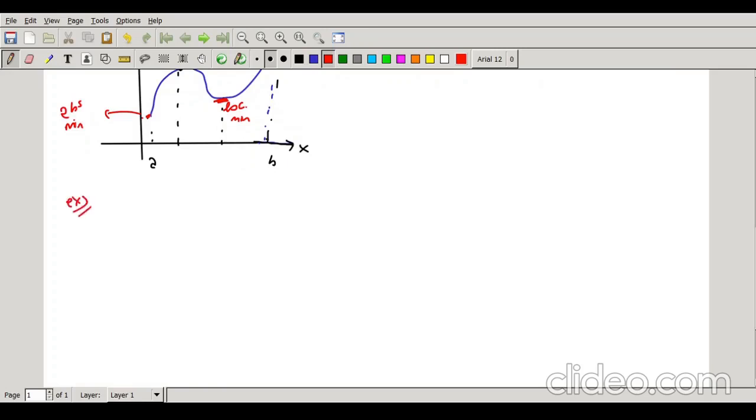Let us consider f of x as cosine x. Again, if I sketch a simple graph for cosine, it is a periodic function. For 0 it is 1. Then let me sketch it in the following way.